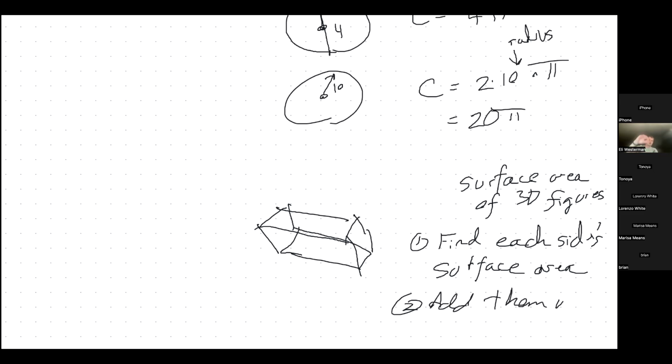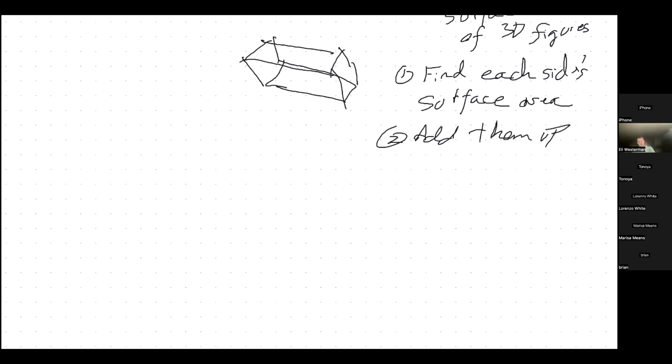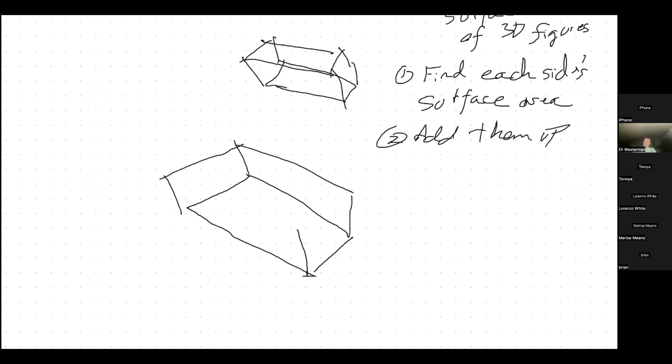All right, so let's say I have one that's like this. Let's say it's 4 long at the ends, and 5 high. And then let's say it's 9 long. What is the surface area?